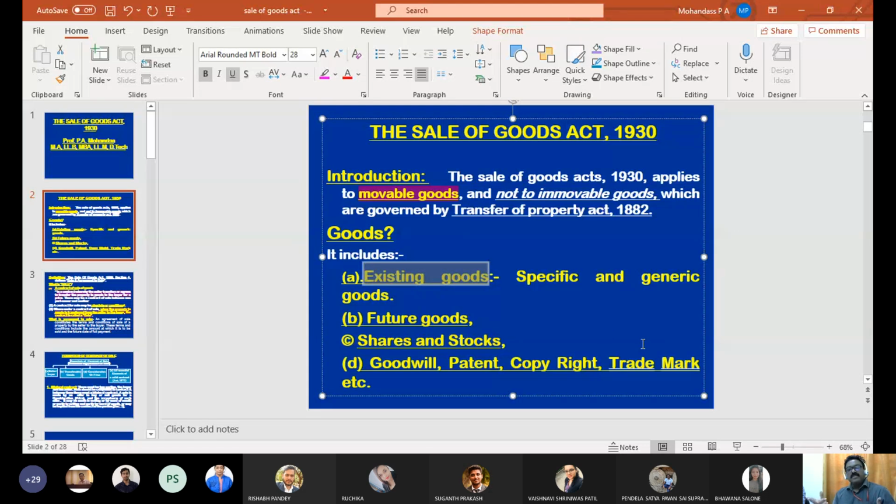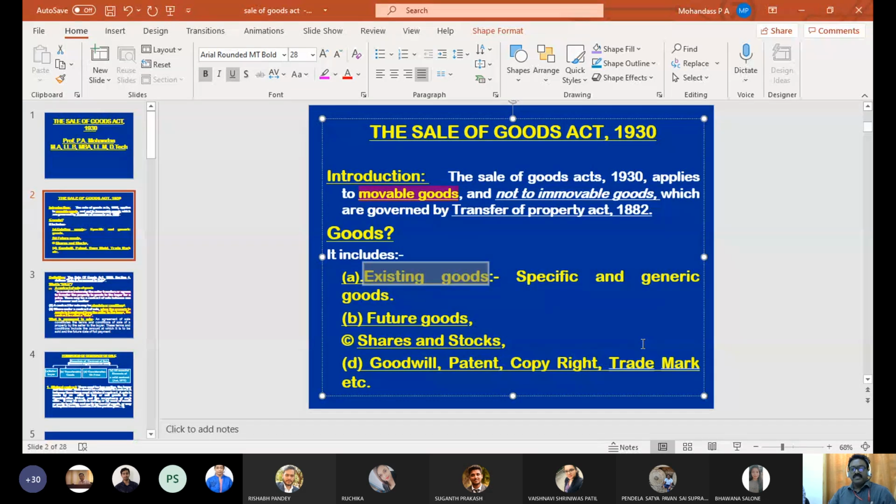When somebody buys or sells those goods, there is a different law, that is the Sale of Goods Act 1930. It mainly applies to movable goods. Whenever you sell or buy movable goods, your rights and interests as a buyer and seller are protected by this act.